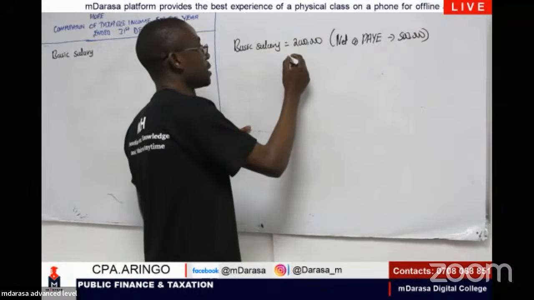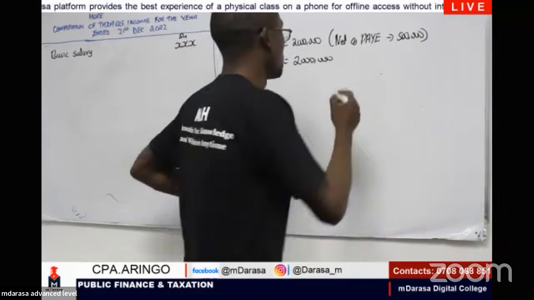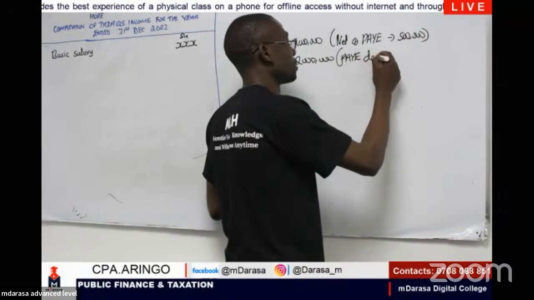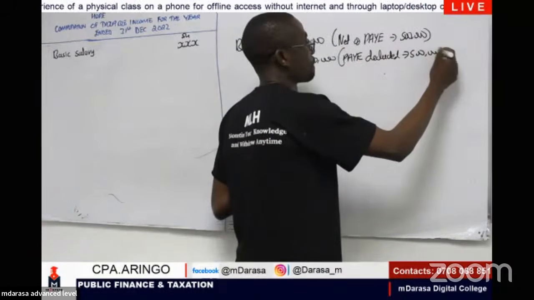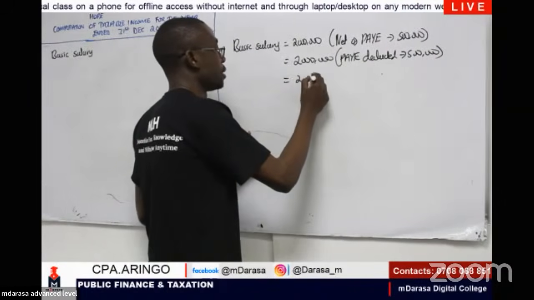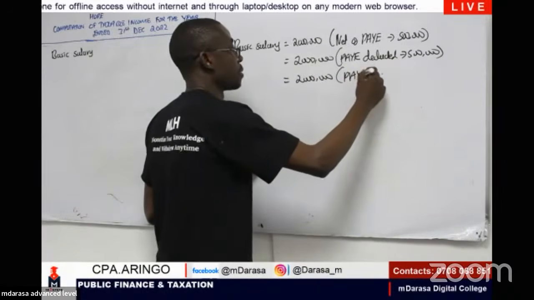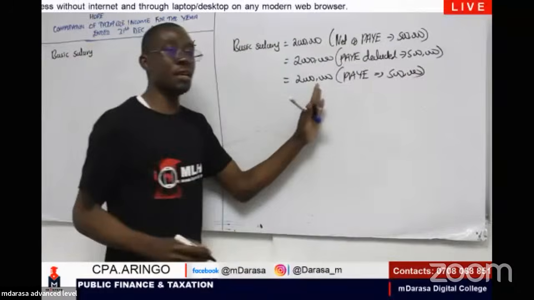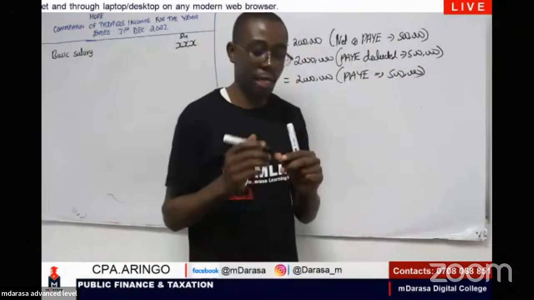The same statement, basic salary 2 million, PAYE deducted, 500,000. Then the same statement, 2 million, PAYE 500,000. Three different statements that you're looking at here.